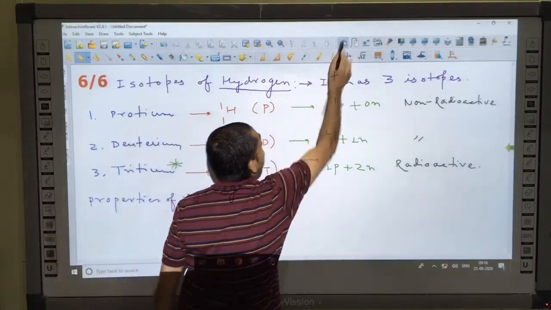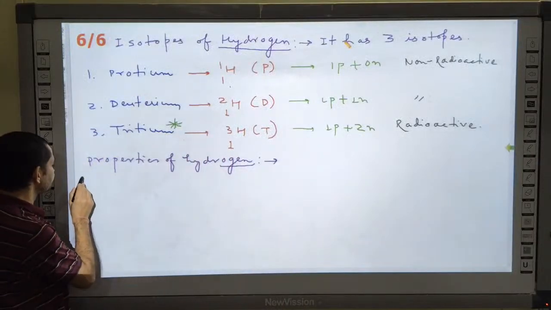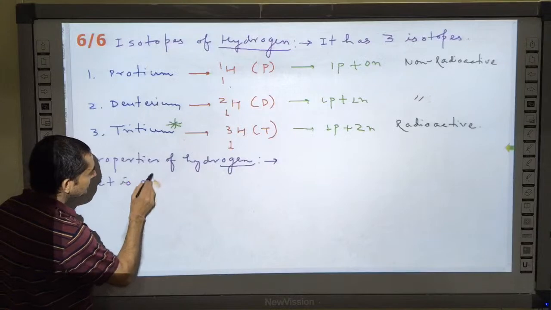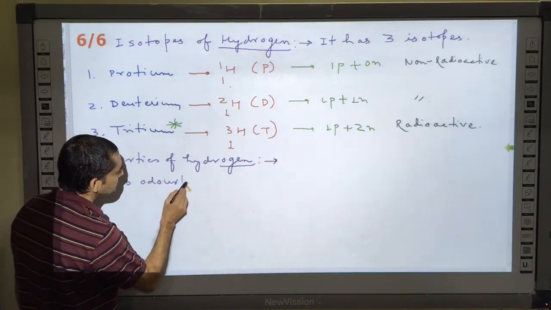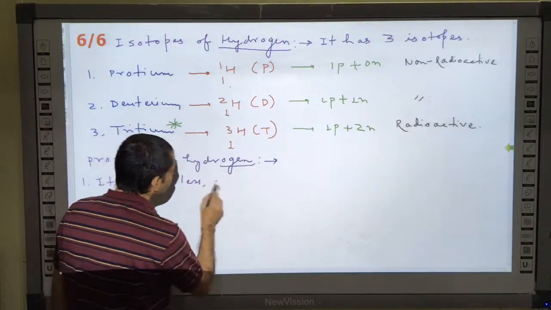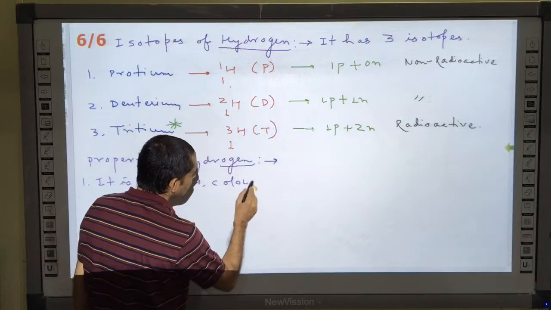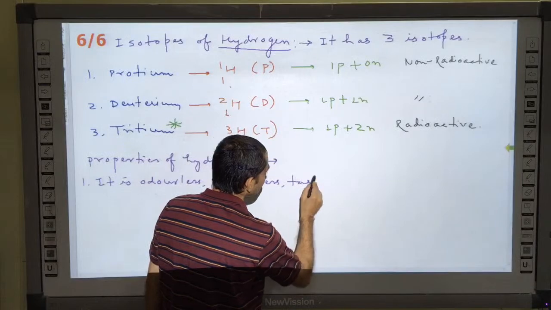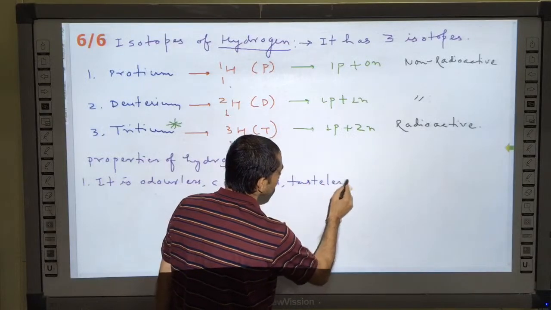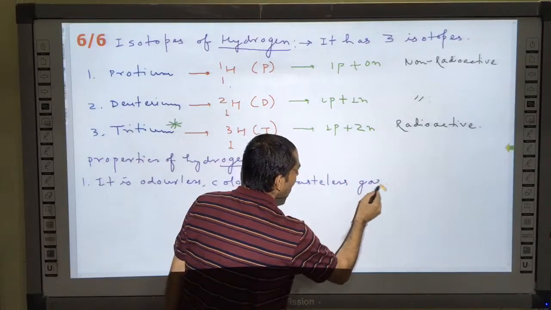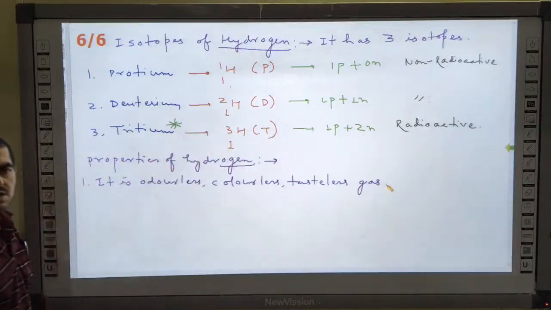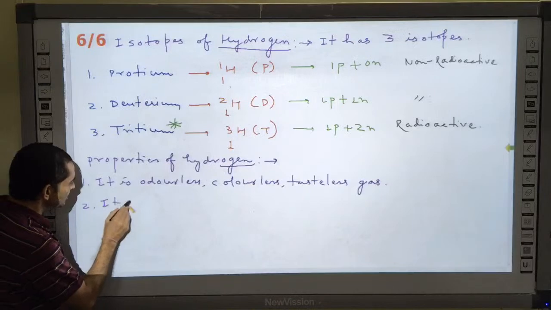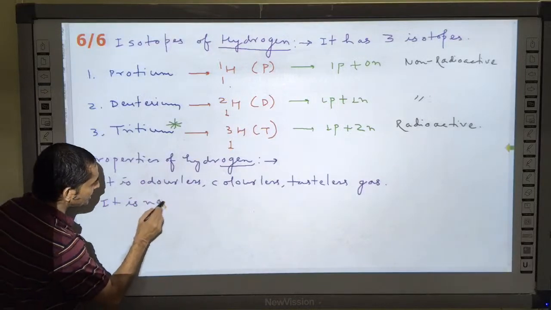Properties of hydrogen. Number first, it is an odorless, colorless, tasteless gas. Hydrogen has no smell, no color, no taste. Number second, it is non-polar in nature.